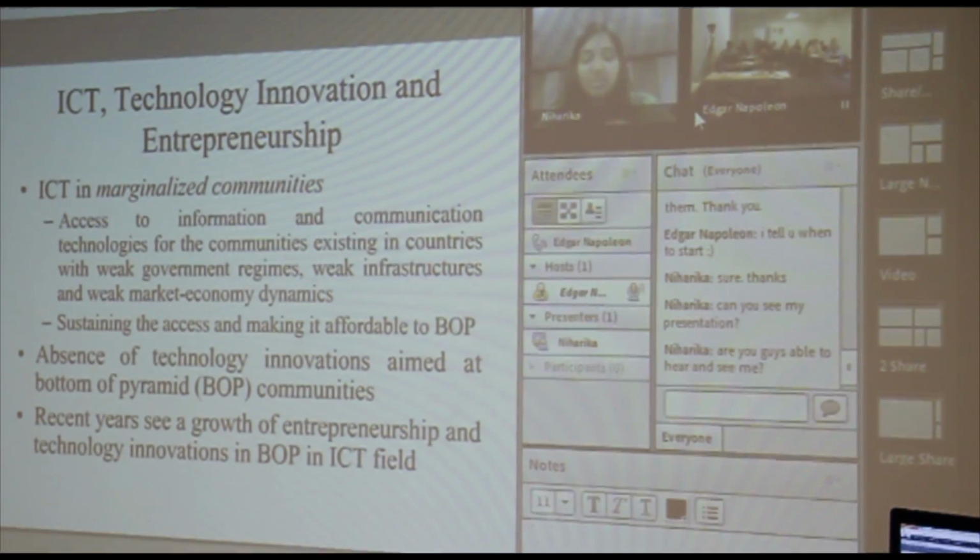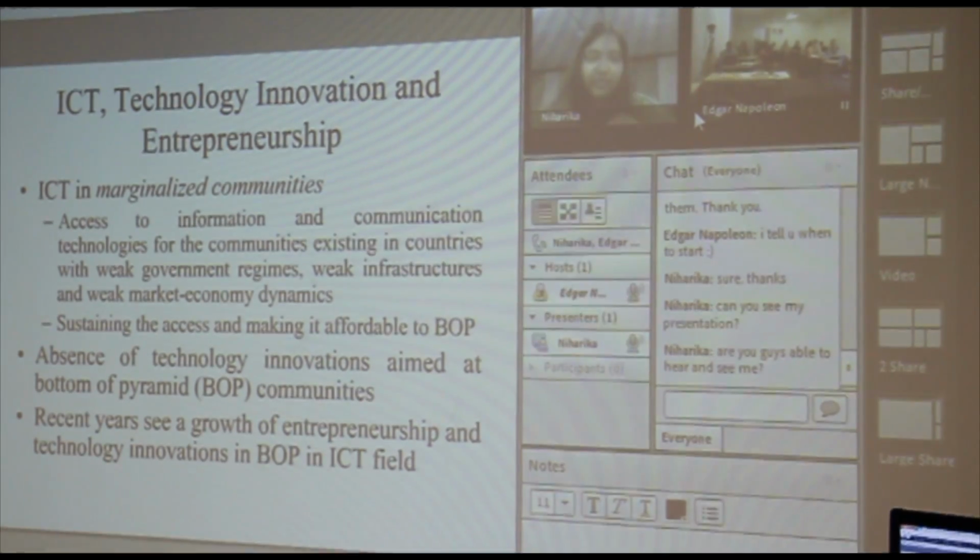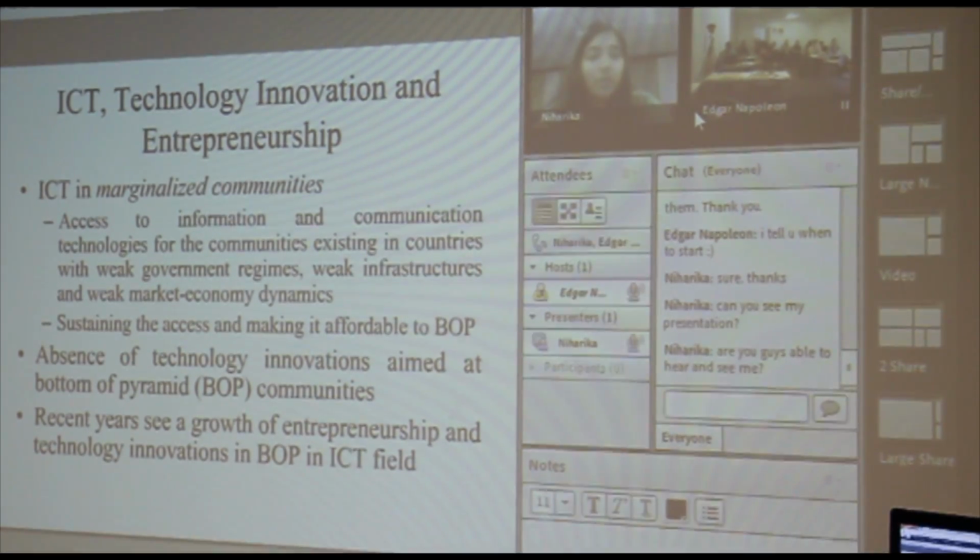And hence, if we see literature 30 years ago, or practitioner-based literature 30 years ago, we don't see too many people talking about technology innovations targeted just for BOP.